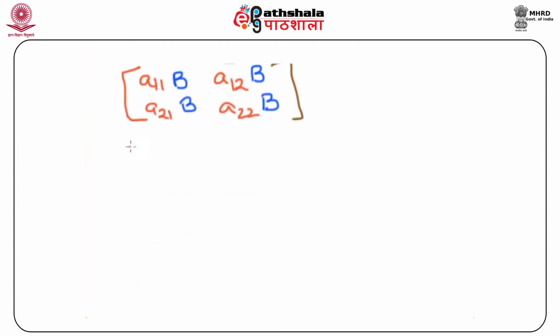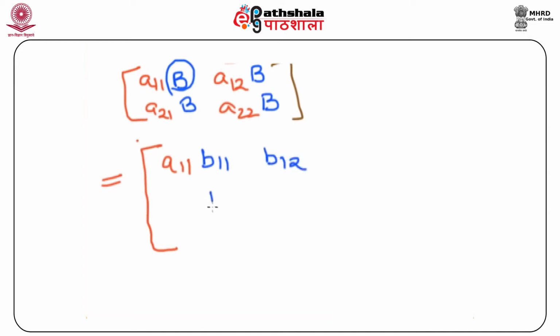So we take this earlier expression and expand it. The direct product of A and B will be A11 with, in place of this matrix B, B11, B12, B21 and B22. That is, with A11 we have multiplied the entire matrix B, so this comes in this position.